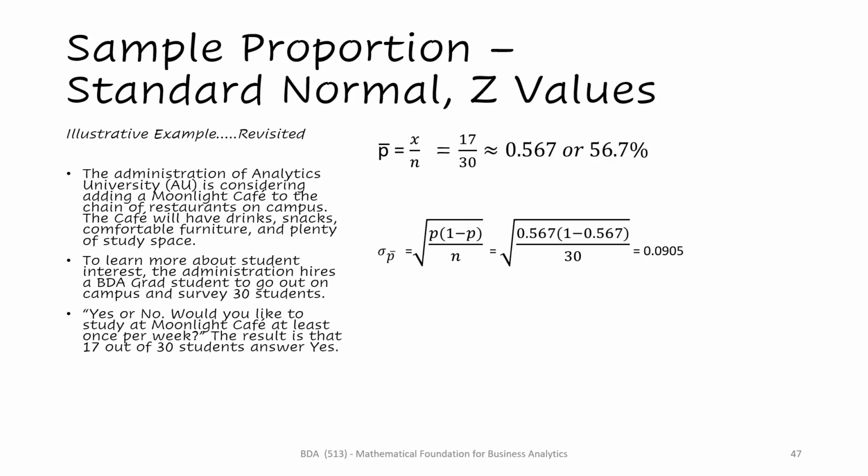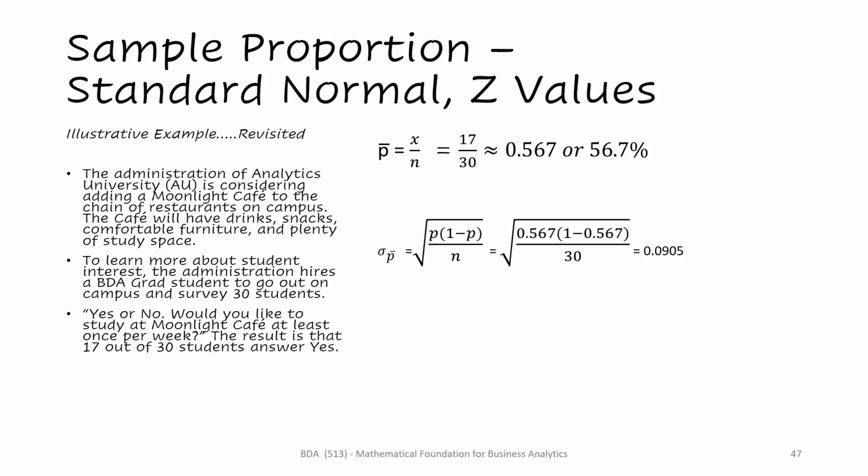If we want to calculate the standard error, it is 56.7, that is the p, into bracket 1 minus p, so 1 minus 56.7, all divided by the number of people we interviewed. That gives us a standard error of 0.0905. Are we okay with this before we build on it?